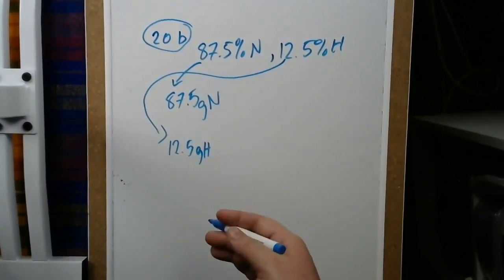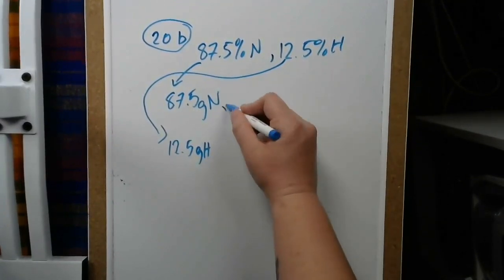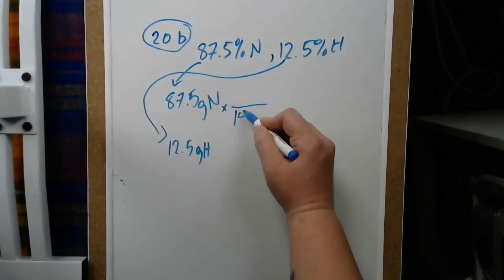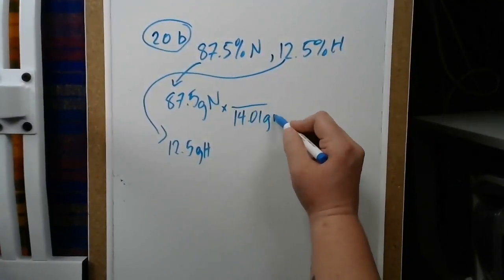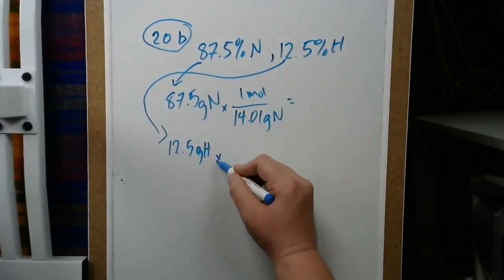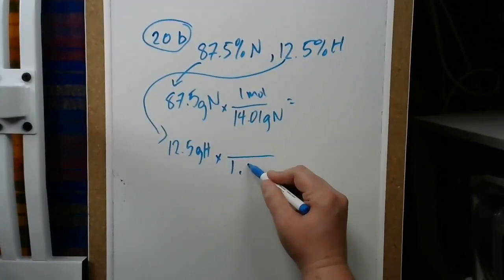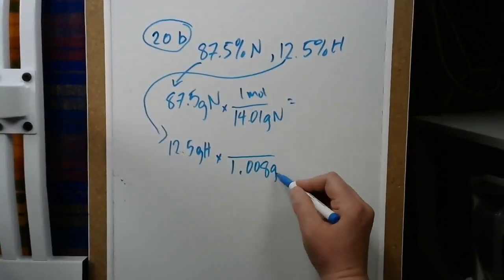And once we have gram values, then we immediately want to turn those into mole values. Okay? So we're going to use our periodic table. I know I'm doing this as a grouped step here, but it's just easier for me.